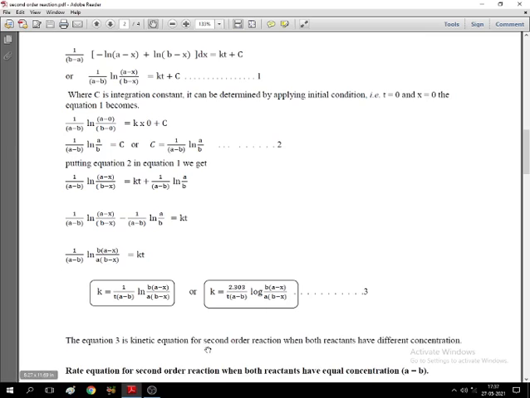Now, this equation 3 is the kinetic equation for a second order reaction when both reactants have different concentrations. That means the condition A is not equal to B. In this way, we derive the kinetic equation for a second order reaction when both reactants have different concentrations.